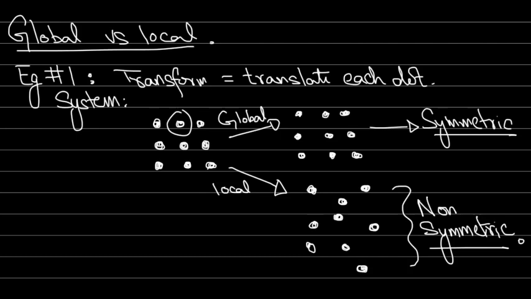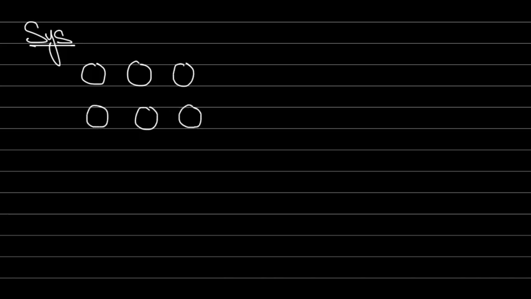Now let's look at another example. In this case, we would have our transformation as the rotation of each circle in a plane. So for this, we take our system to be a set of these circles. I don't actually have to draw a lot of them, so this much would be fine. And you perform a global transformation.